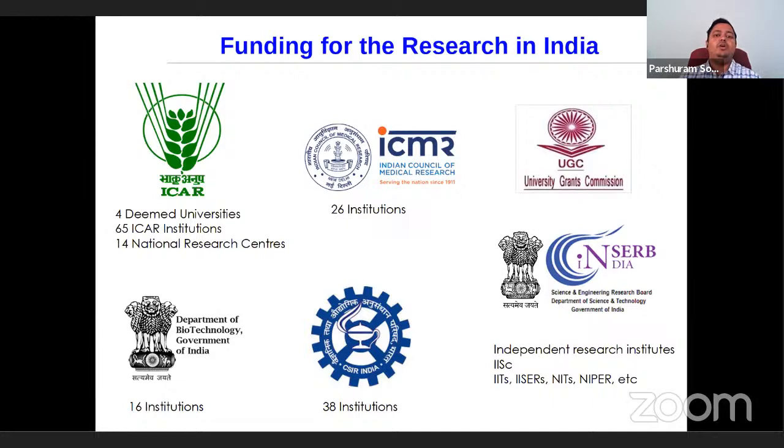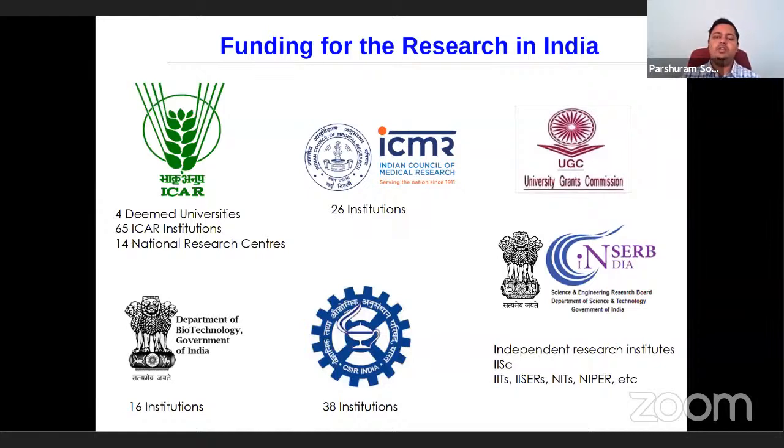Each of these funding bodies has their own institutions as well. For example, NCCS, where I studied, is one of the biotechnology institutes, and the Department of Biotechnology has at least 16 such institutions in different parts of the country. Similarly, CSIR has lots of laboratories all over the country.